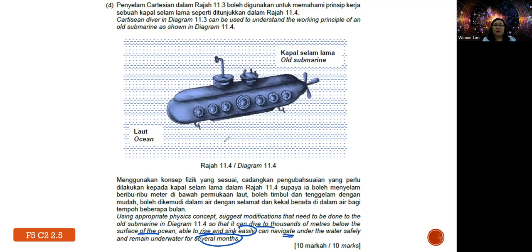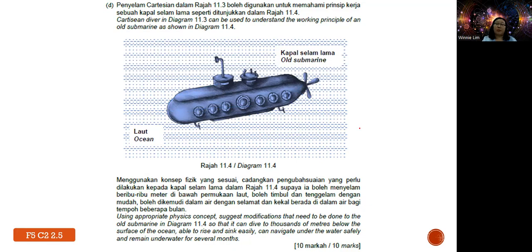So you can talk about fuel that must be enough, and how it can sink and rise is due to the presence of ballast tanks. And you can also talk about the shape of the submarine and the body, all this. So you need to really think about more points in order to give the answer. And you can give more than 5 aspects for this type of question.